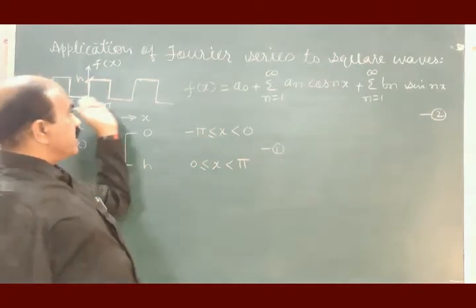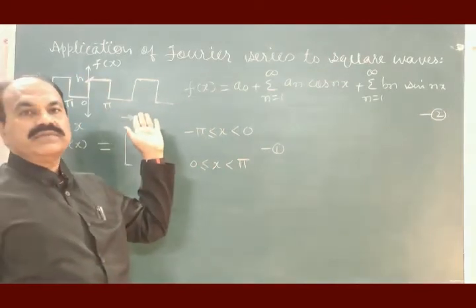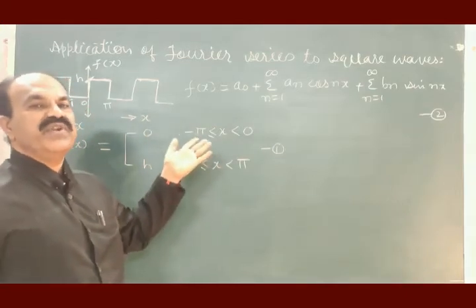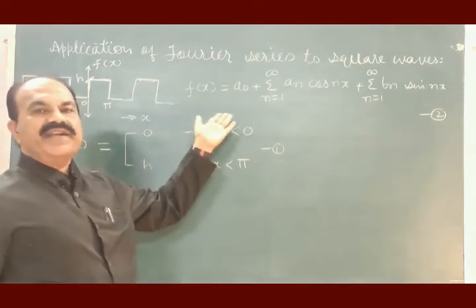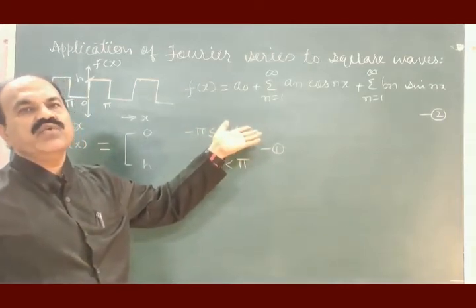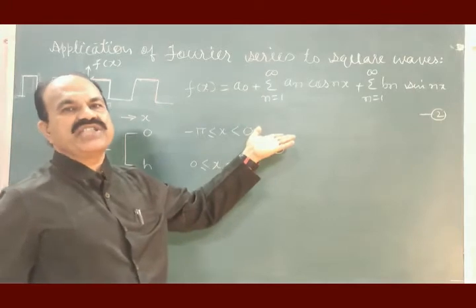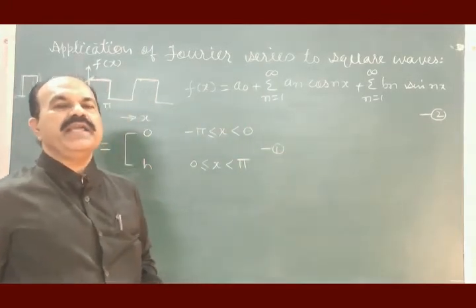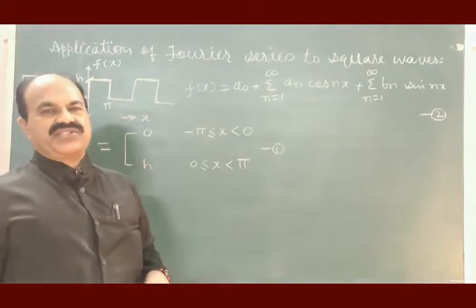The function square wave f of x can be represented in the form of Fourier series as f of x is equal to a0 plus summation of n is equal to 1 to infinity a n cos nx plus summation of n is equal to 1 to infinity b n sin nx.